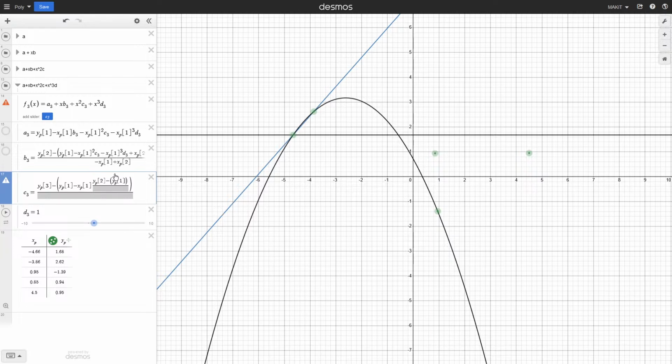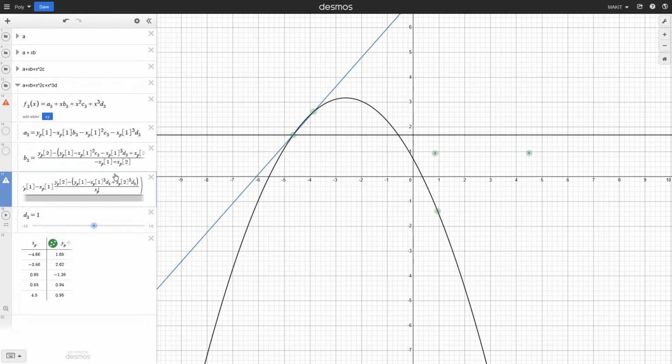y1, and then save, obviously, first of all, because it's scary, x, and this x would be x1 but cubed, so times d3, which would be plus x2 cubed times d3, right? And then we would divide that basically by negative x1 plus x2, simple stuff.